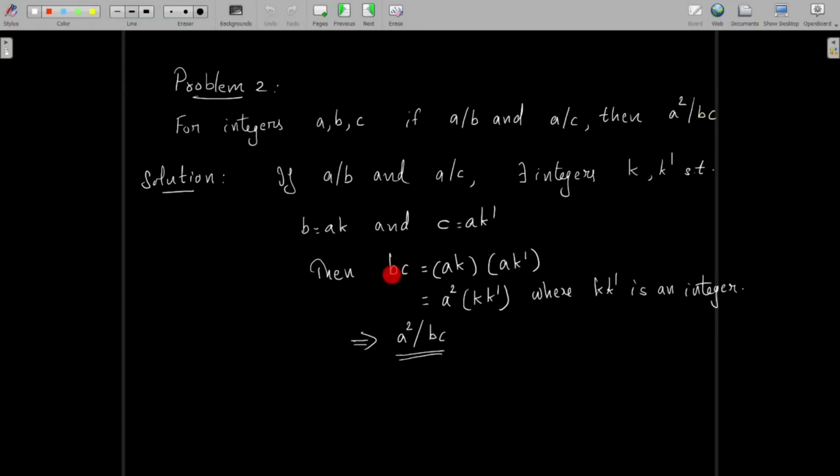Substituting, BC equals AK into AK dash. This can be written as A square into KK dash. Since K and K dash are integers, K into K dash is an integer. So, BC is of the form A square into an integer. So, A square divides BC.